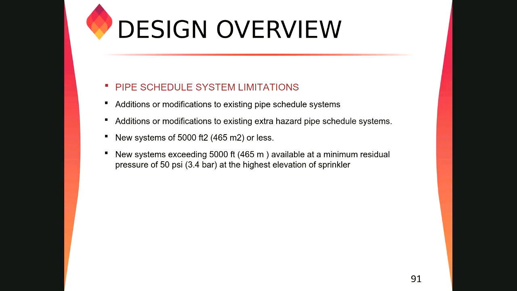The second one is if you want to do addition or modification to an existing extra hazard pipe schedule system, it is possible. But if your project size is more than 5,000 square feet, we are not allowed to use the pipe schedule system for that.